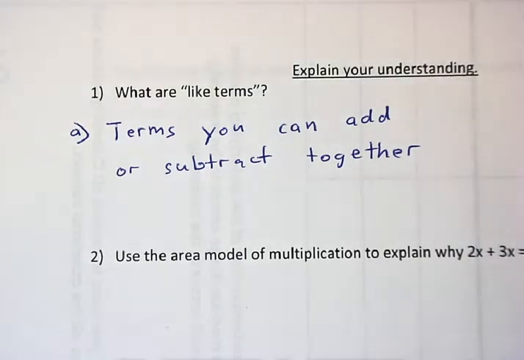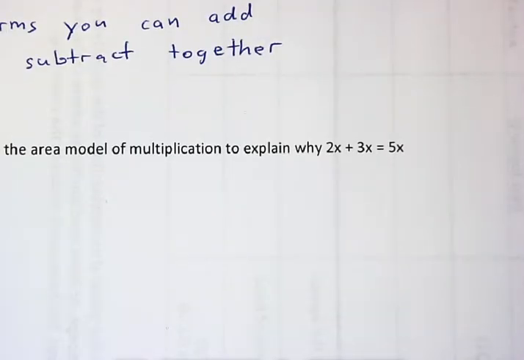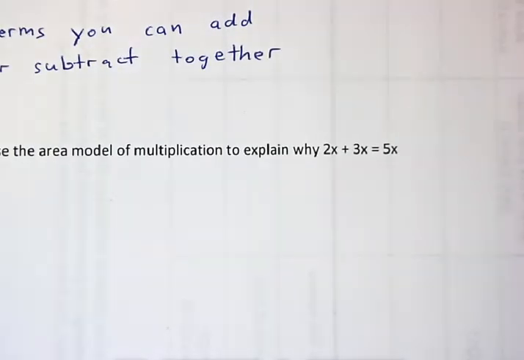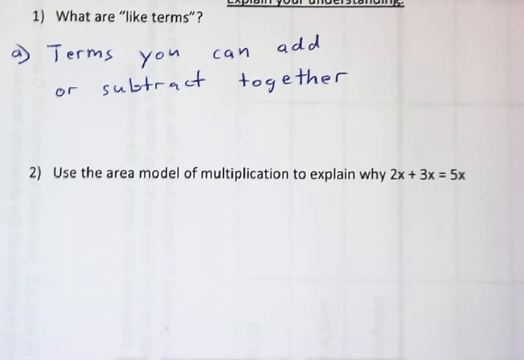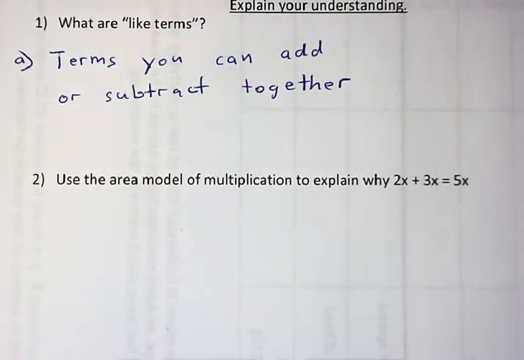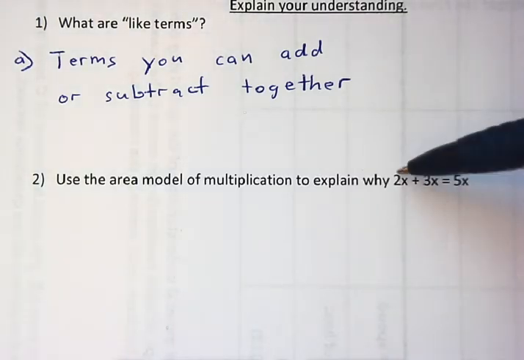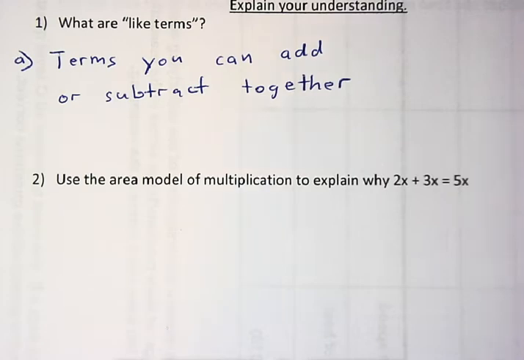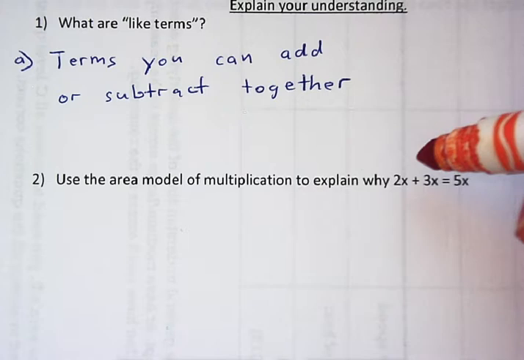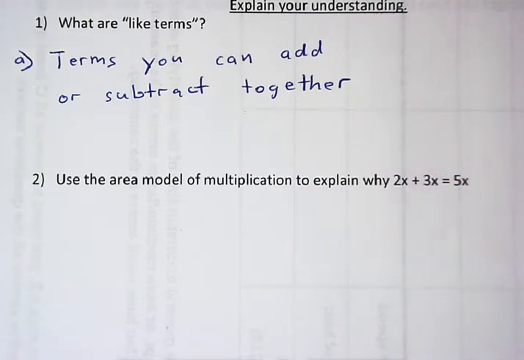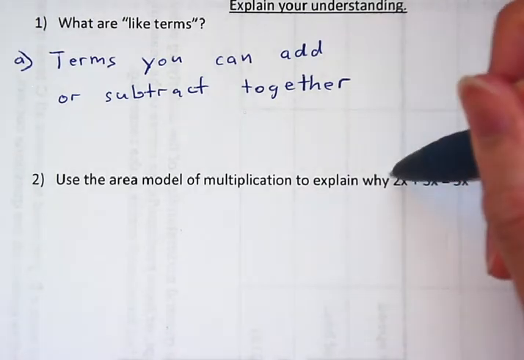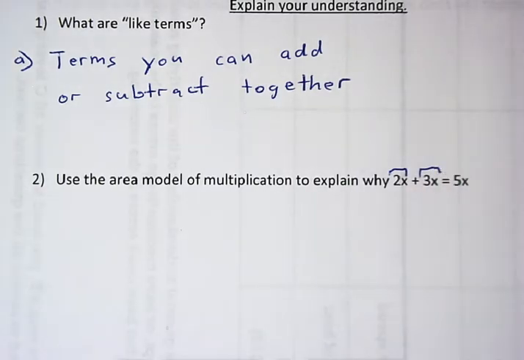Let's use that particular definition for like terms here. Okay. So here, 2x plus 3x is equal to 5x, because we can add this term and that term together.